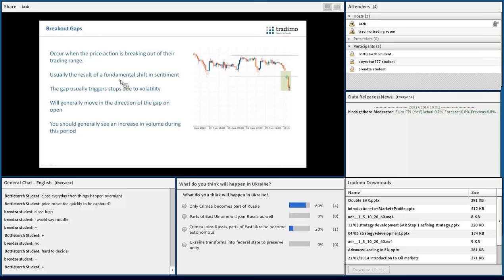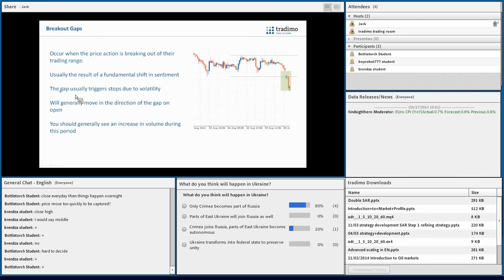What I mean is the market is ranging, then something might come out at the weekend and we gap lower. Or it could be that there are stops triggered in the period when this occurs.